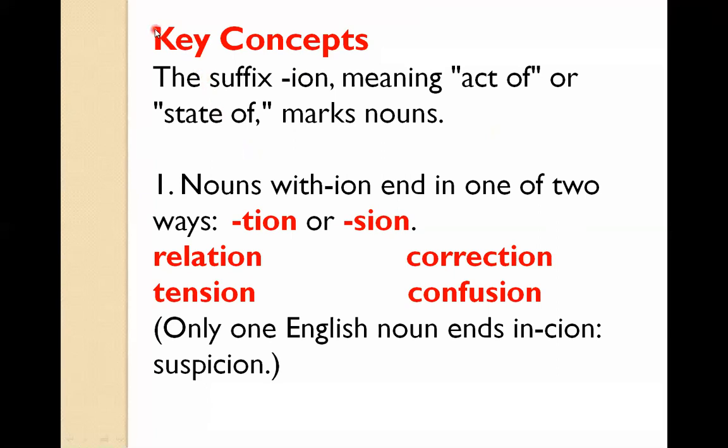Okay, let's read the first concept with Farouk Mahmoud. Nouns with ION end in one of two ways: T-I-O-N or S-I-O-N, like relation, tension, correction, confession.